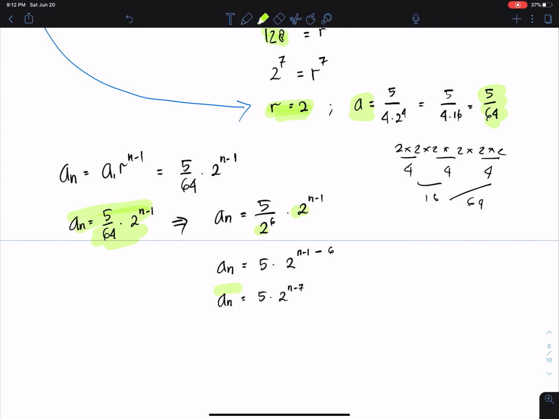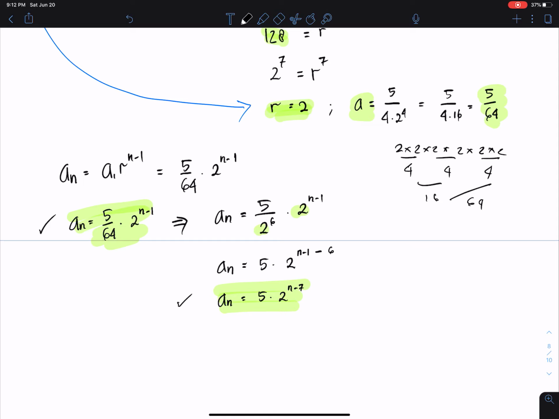Which looks better compared to the one over here. However, both are true, it's just we try to make it a little bit simpler.